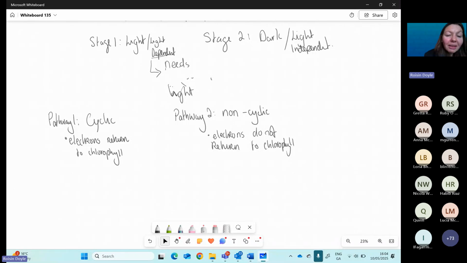Well, the only thing that gets made in cyclic is ATP. So now I'm saying you need to tell the examiner, tell your teacher, how did you make ATP? So describe to your teacher the formation of ATP.